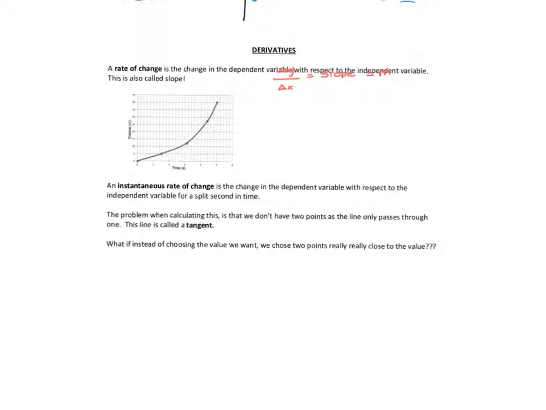Now, with distance time graphs, we know that there is a formula that says distance equals rate times time, right? So I'm going to write that down. In other words, if you were to take your distance, which is your y, and divide it by time, which is your x, you would get your rate, right?